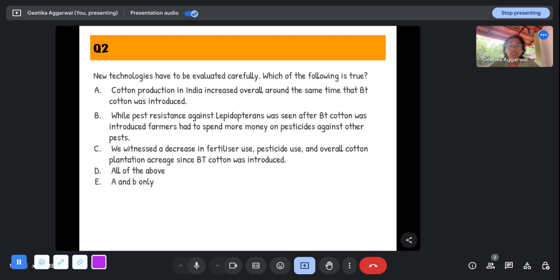Third statement, we witnessed a decrease in fertilizer use, pesticide use, and overall cotton plantation acreage since Bt cotton was introduced. Option D is all of the above are true. And option E says A and B, these two statements are true. So, which of the following is correct? Let's think about it for some time and then I will let you know the answer to this question.